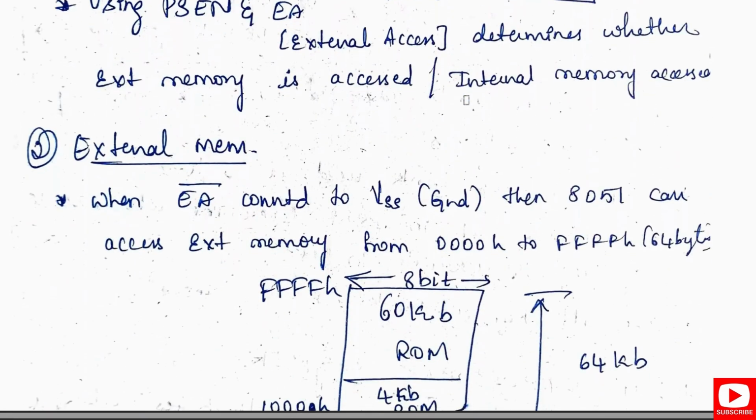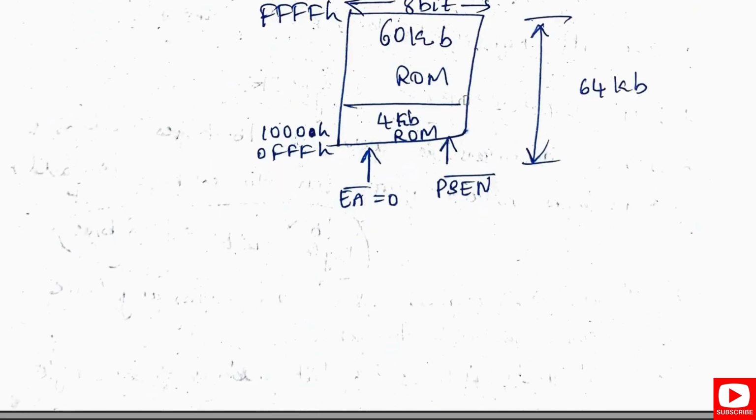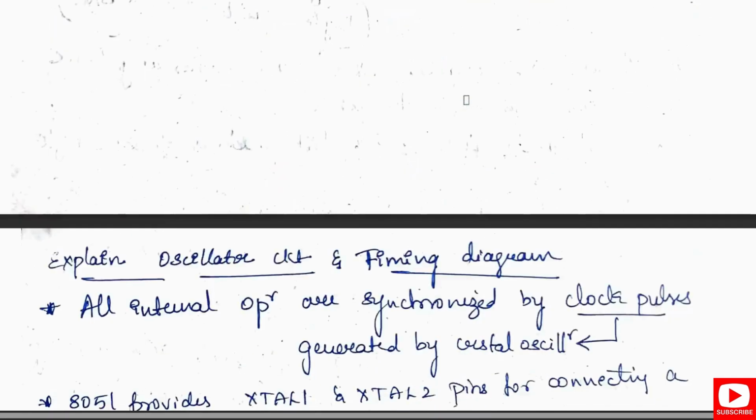The EA bar pin is connected to VSS, the ground. For the 8051 to access the external memory from the other connected external device, this enable pin has to be set low, to ground. This enable should be 0.